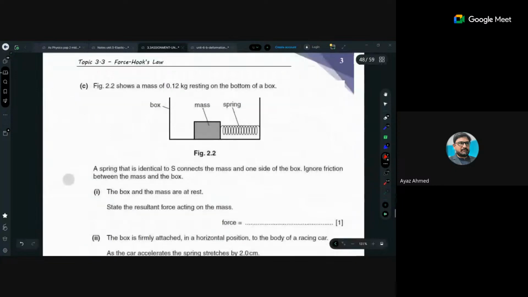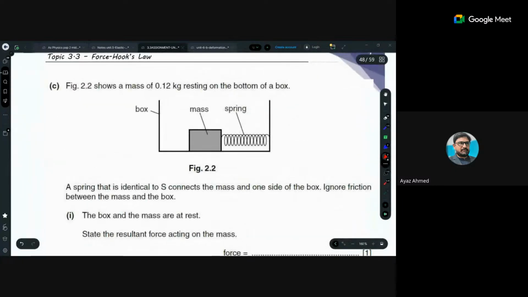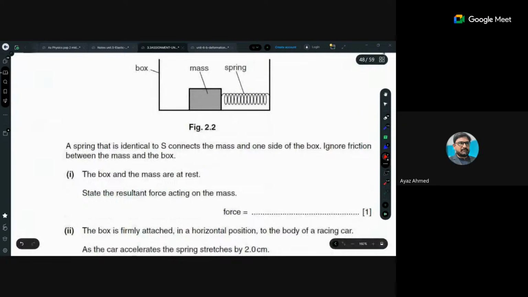Okay, good. And then it is said that figure 2.2 shows a mass of 0.12 kg resting on the bottom of the box. A spring that is identical to S, whatever we have calculated, this is the same spring, connects the mass and one side of the box.